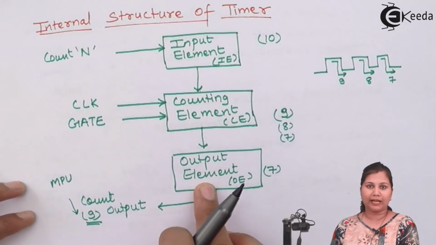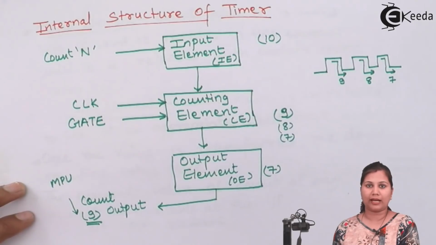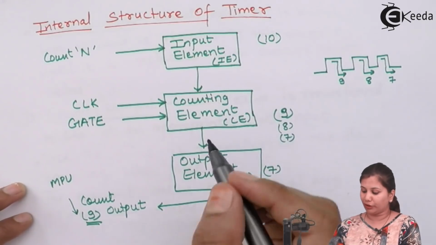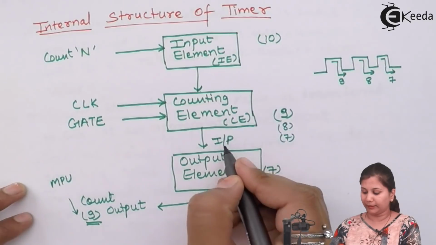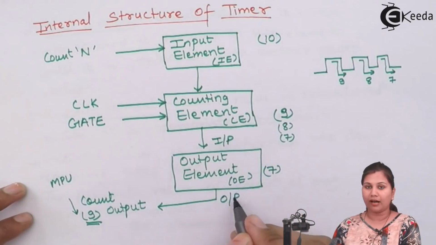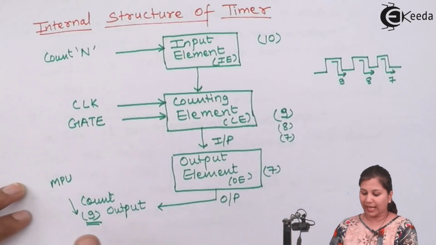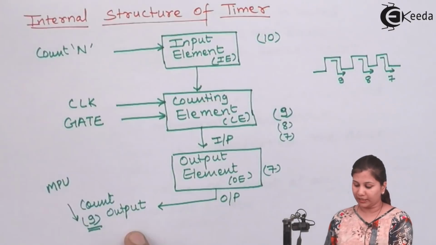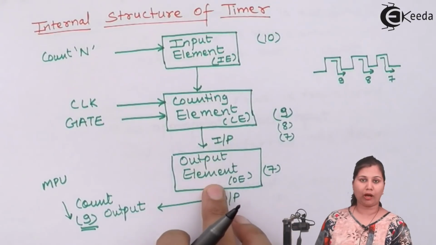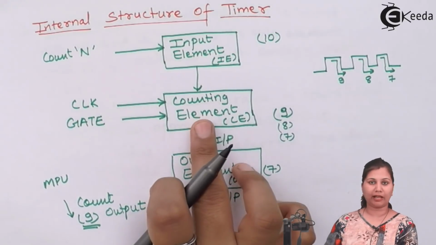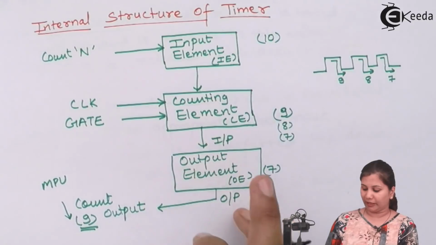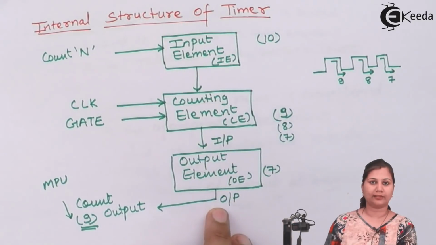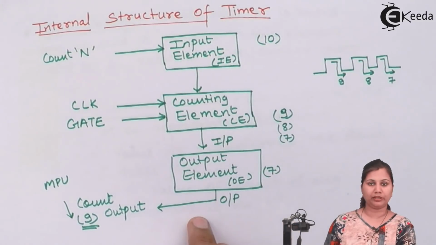Now the output element, I have said that it's a latch, and it's a transparent latch. So whatever its input is, that input will be available at its output. Because at the input of the output element we have the current value of the count, that current value of the count is available at the output of this output element.